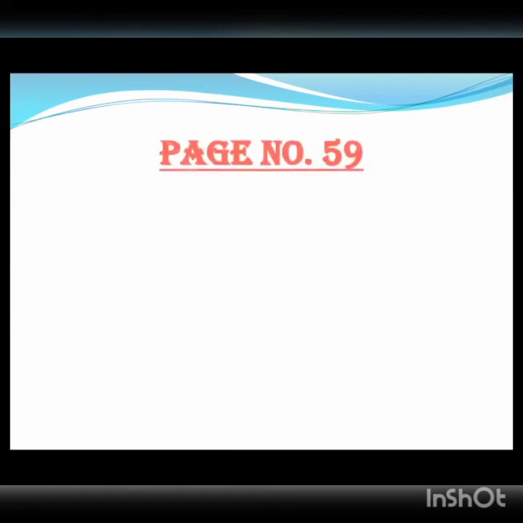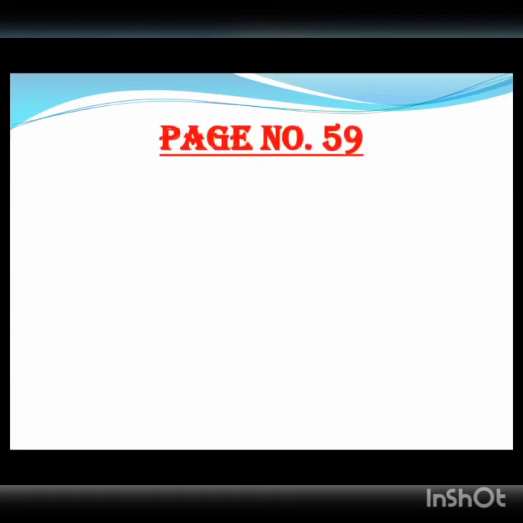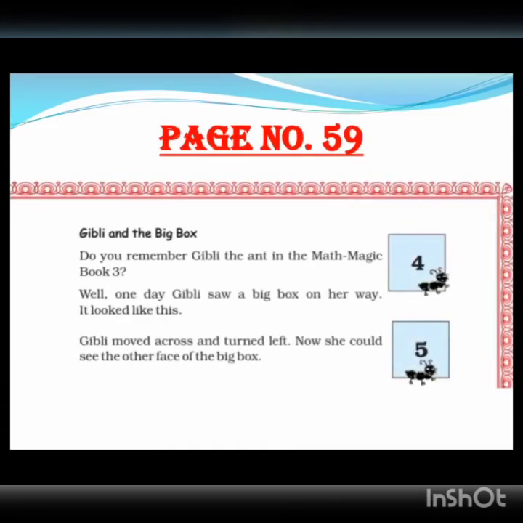Let's proceed further. Page number 59. Ghibli and the big box. Do you remember Ghibli, the ant, in the Math Magic book of class 3? Yes, in the chapter number 4, long and short.